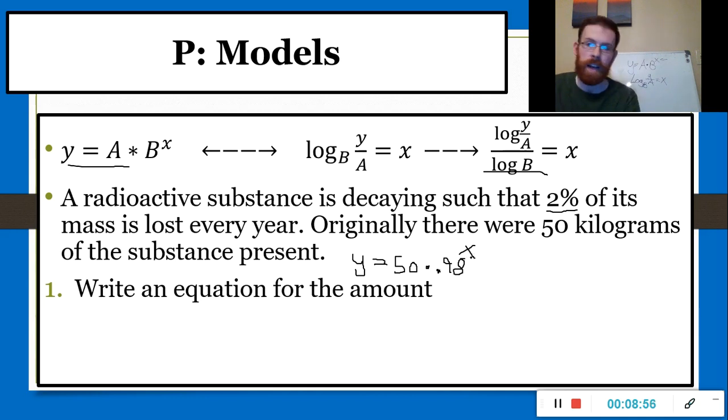Now, that is a good exponential equation, definitely good if you want to find y. But let's say you want to find the x. Well, what's the logarithmic? That is going to be log of y divided by 50, base 0.98, is equal to x.